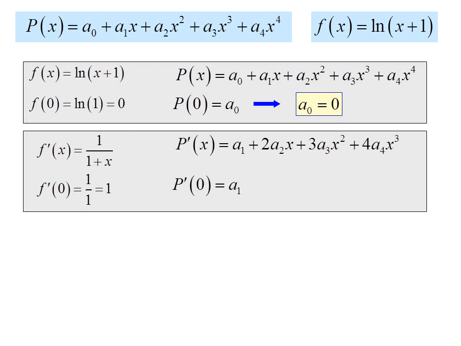P prime of 0 must be a sub 1, because the last three terms cancel out. Therefore, a sub 1 must be 1.